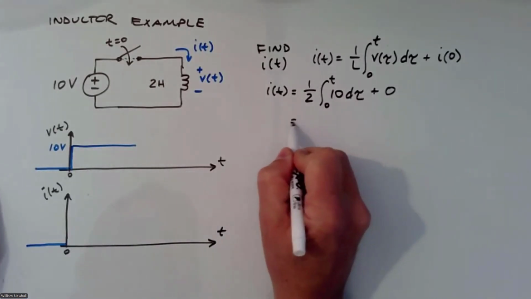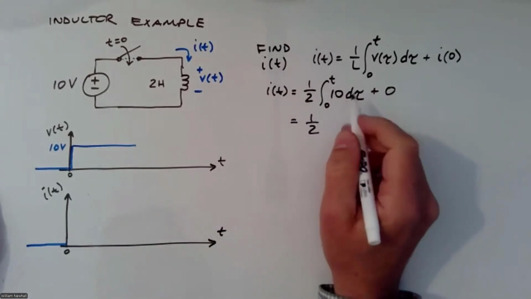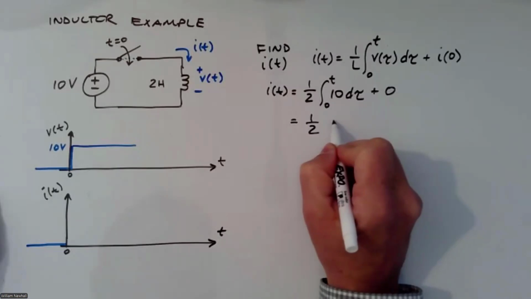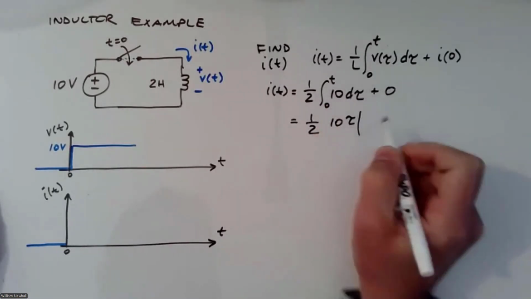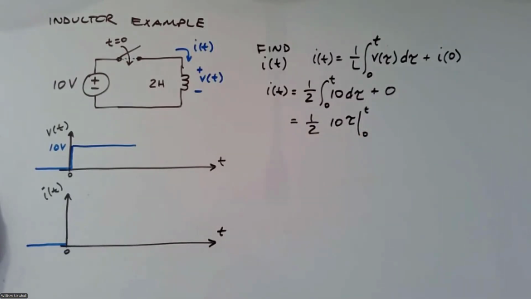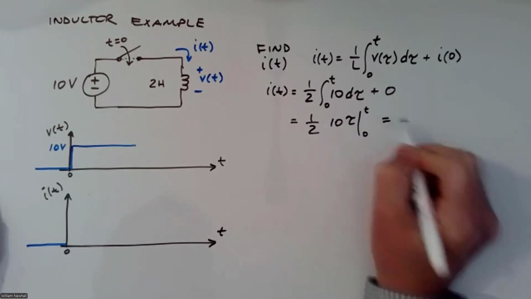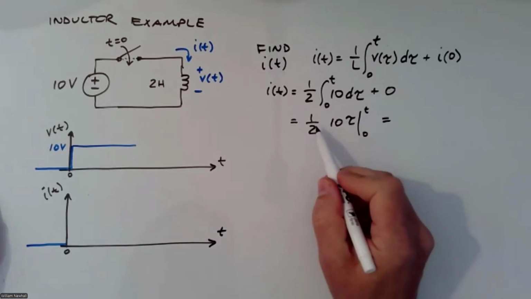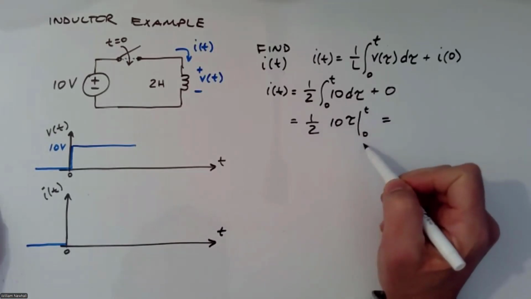Okay, so we could say this is 1/2. If I integrate 10, I get 10 tau, with tau evaluated at 0 and t, plus 0. So this is equal to 1/2 times 10 times t minus 0.